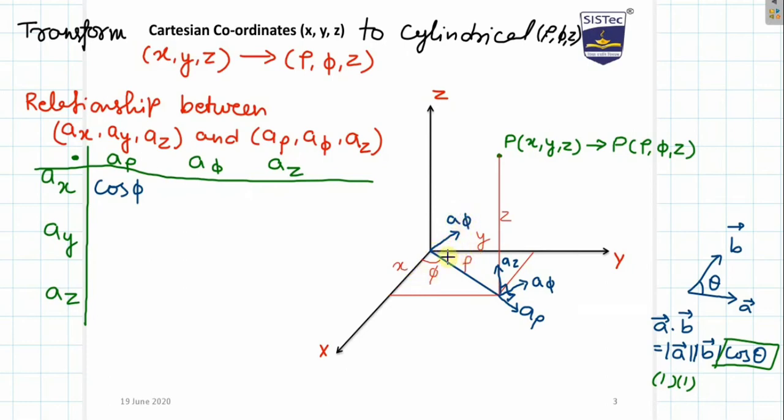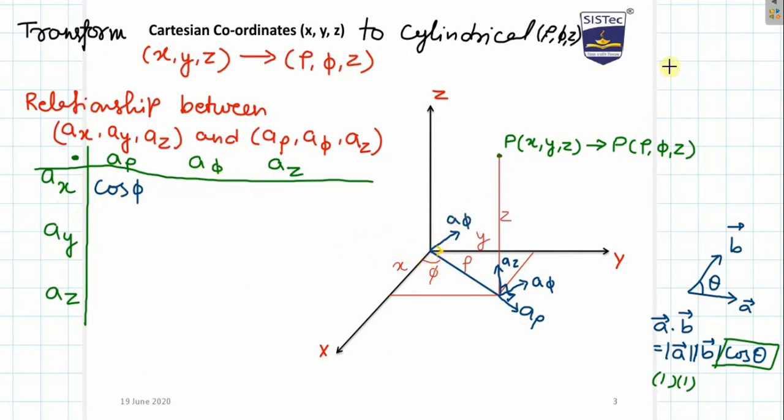Between a rho and a phi they are mutually perpendicular, so there is a 90-degree angle between the two. The angle between ax and a rho is phi, so the angle between ax and a phi is 90 plus phi.